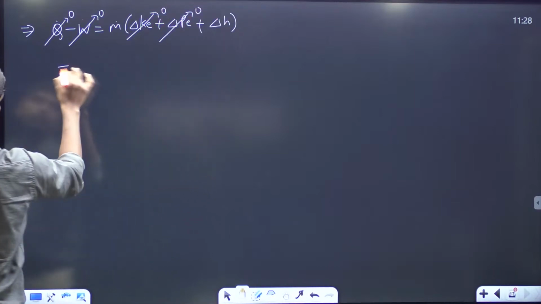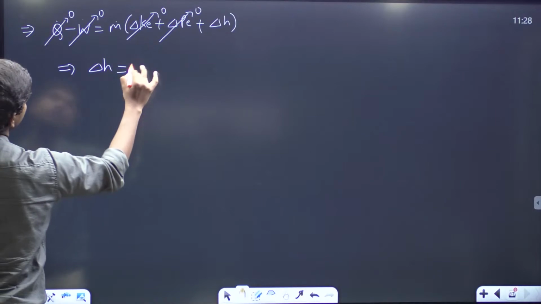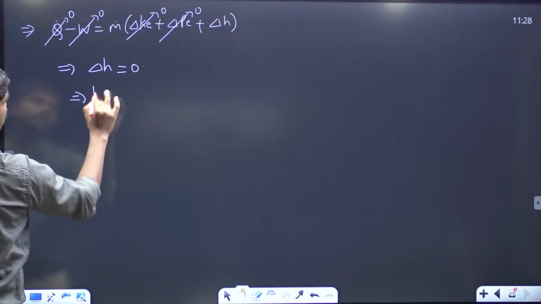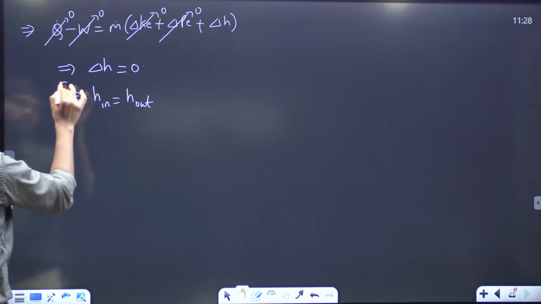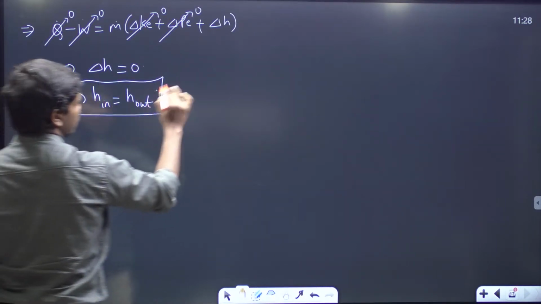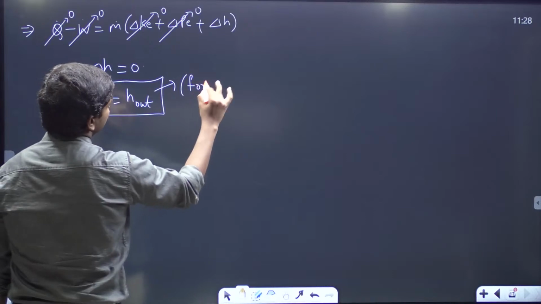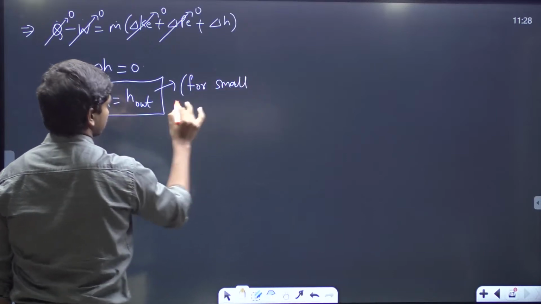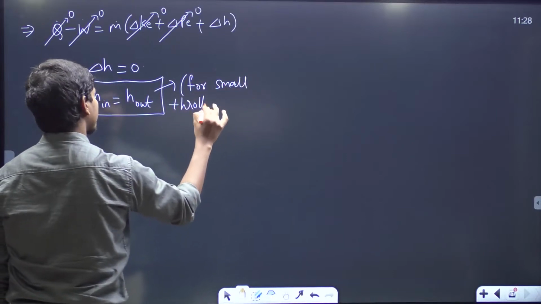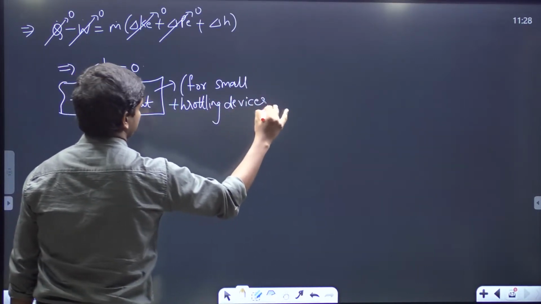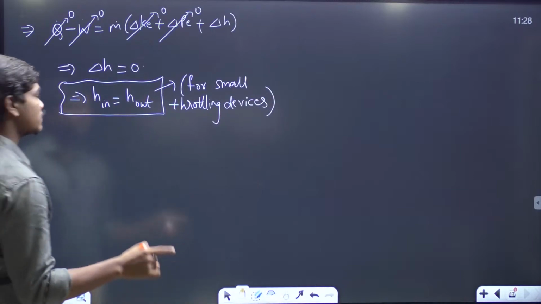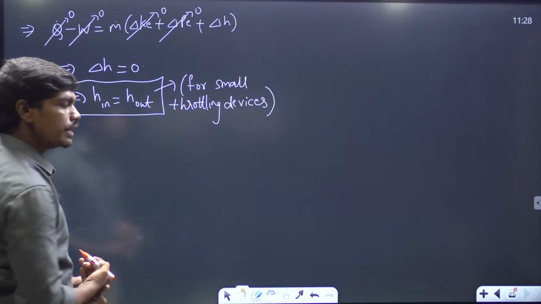So this will give you delta H is equal to 0, which means H inlet is equal to H outlet. Of course, this is the case for small throttling devices. Okay, so when the throttling device is very small, H inlet is equal to H outlet.